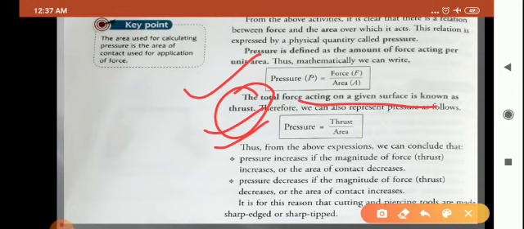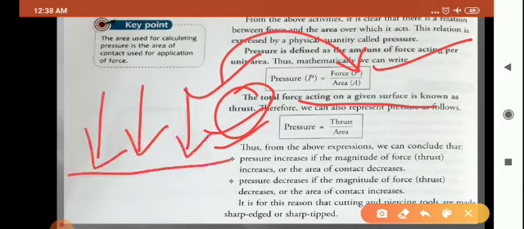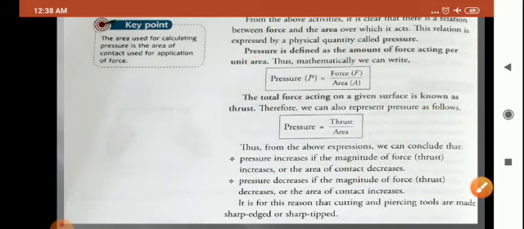There is one more definition for thrust, children: thrust is the force which acts perpendicular to the surface. Whatever force acts perpendicularly on a surface, that kind of force is known as thrust.